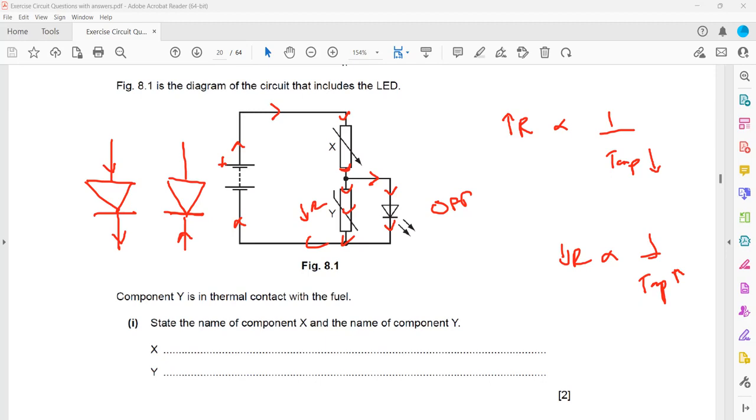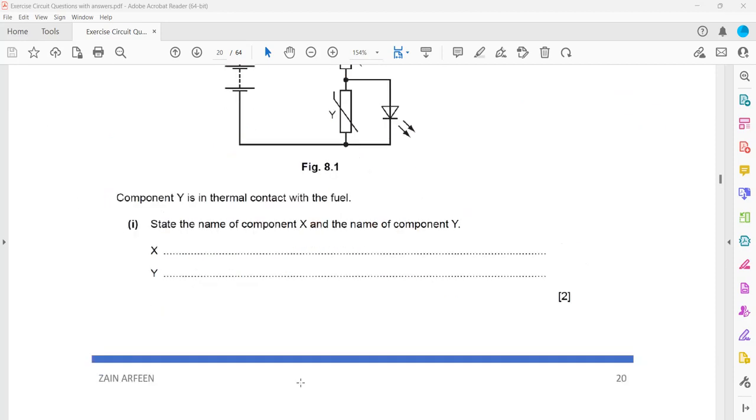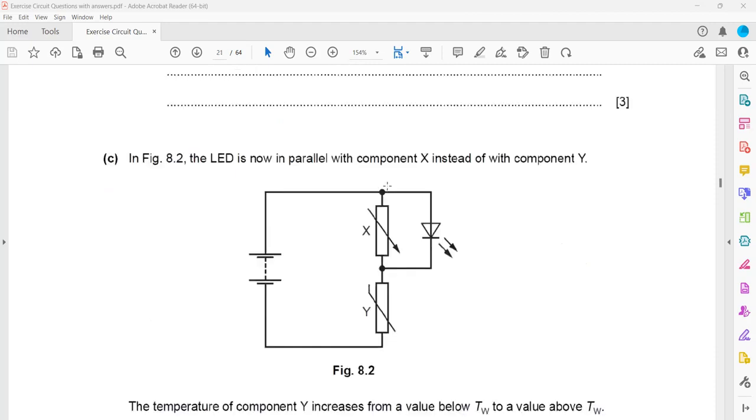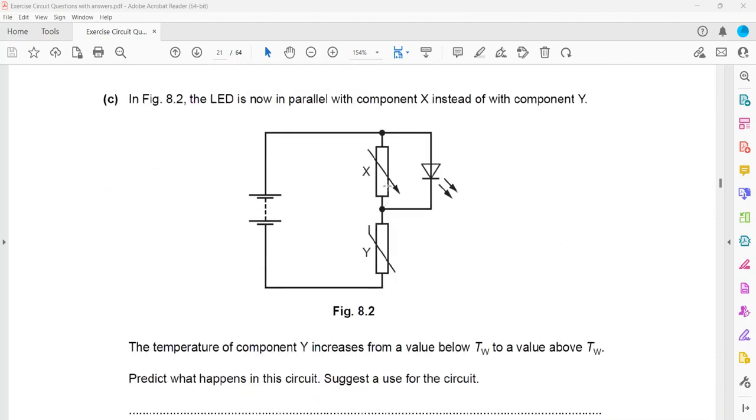Same thing, but better whenever you explain the working, explain in terms of voltage rather than current. Same thing happened here: initially, as the current starts to flow, this is having a high resistance when the temperature is low.